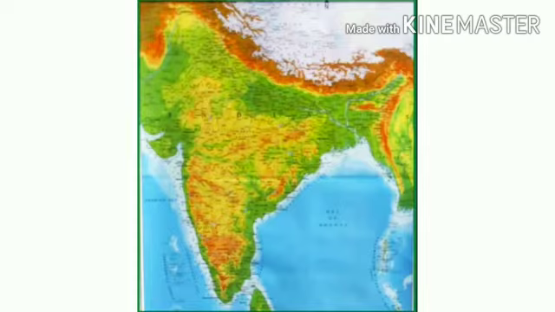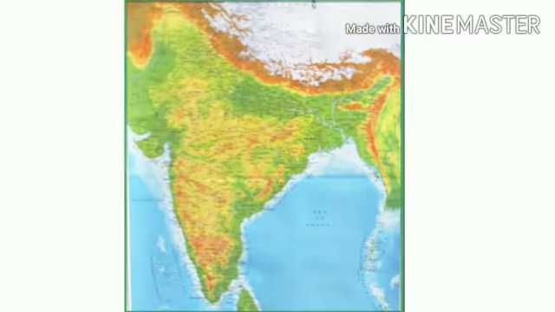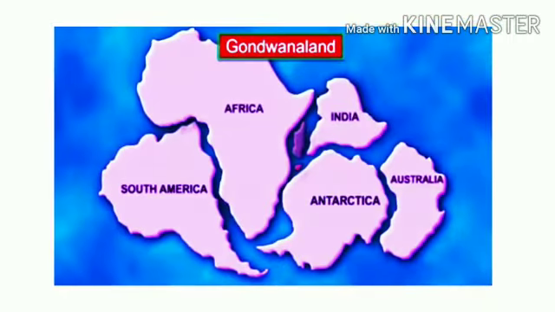So how is this theory applicable to India? You know, the peninsular portion of India is a part of the ancient supercontinent Gondwanaland. Gondwanaland originally consisted of a number of land masses, including South America, Africa, Australia, Antarctica, as well as the Indian subcontinent.